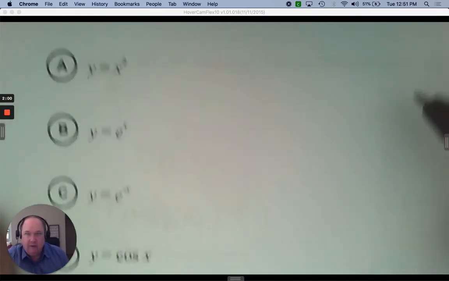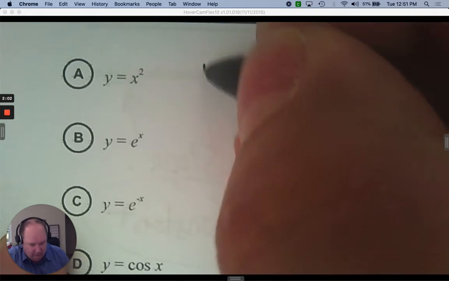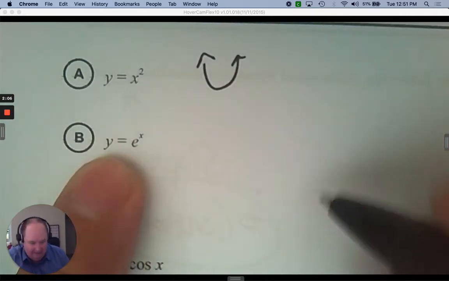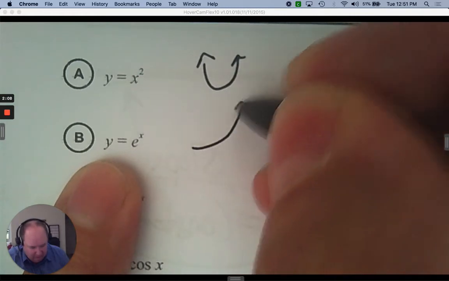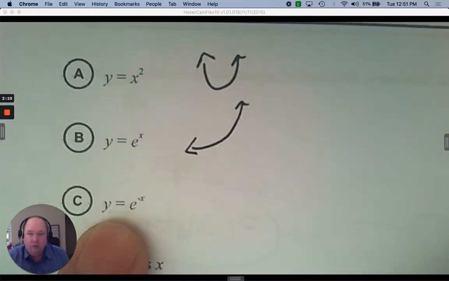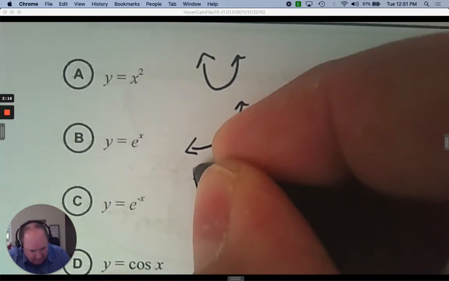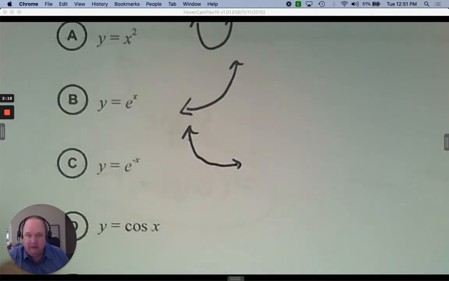So like for y equals x squared, what is the solution? What should it look like? For y equals e to the x, what does that curve look like? Where y equals e to the negative x, that's a decaying exponential. What does a decaying exponential look like?